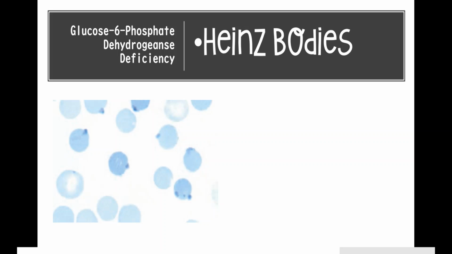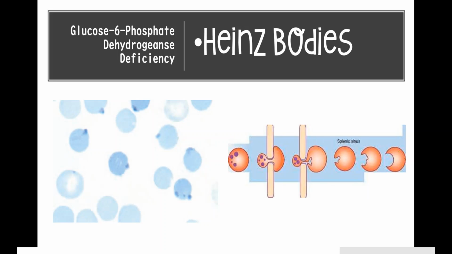Okay, when these Heinz bodies precipitate on the RBC membrane, the RBC membrane with the Heinz bodies becomes rigid. Let me repeat that. The portion of the RBC membrane with the Heinz bodies becomes rigid. And when it becomes rigid, as the cell passes through the spleen in the splenic sinusoid, again, the splenic sinusoid has a very small passage area.